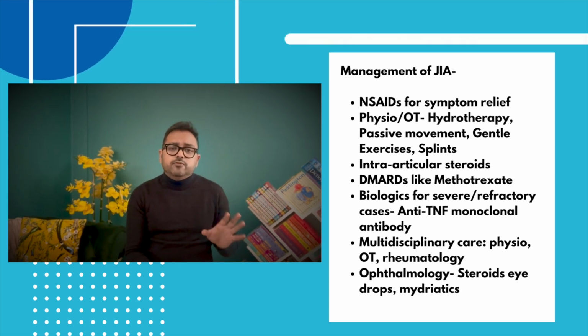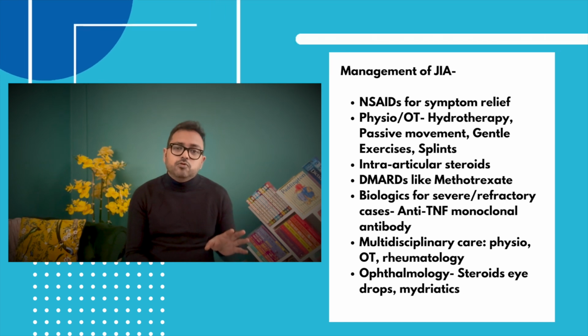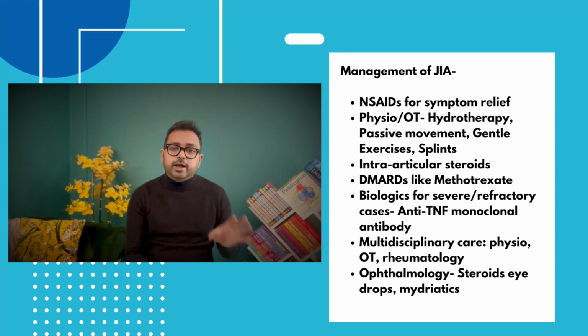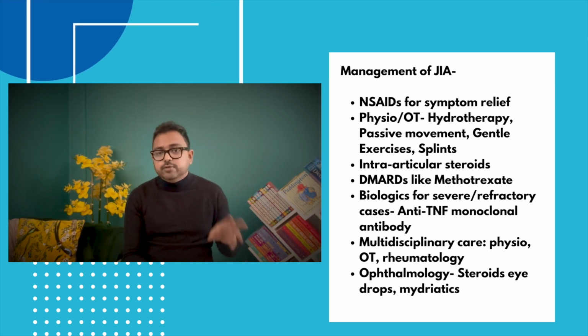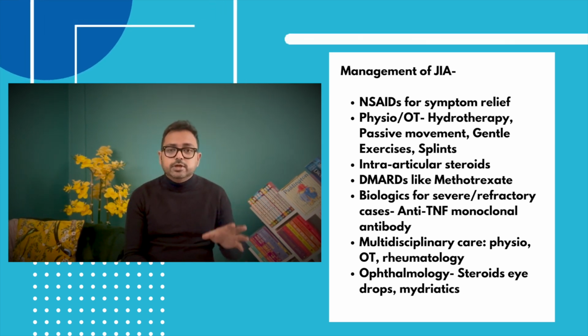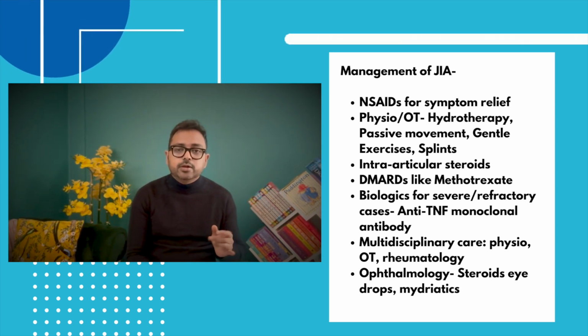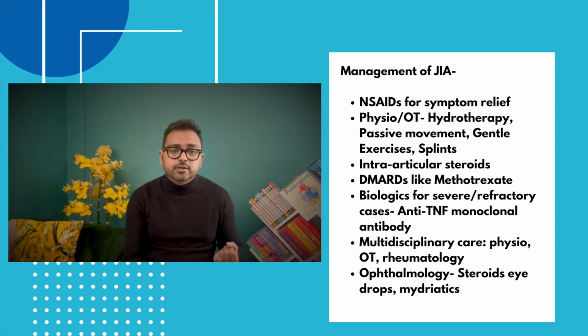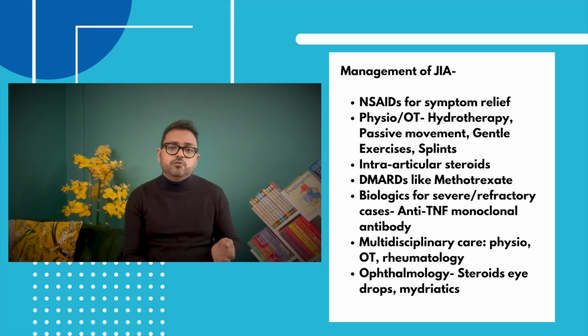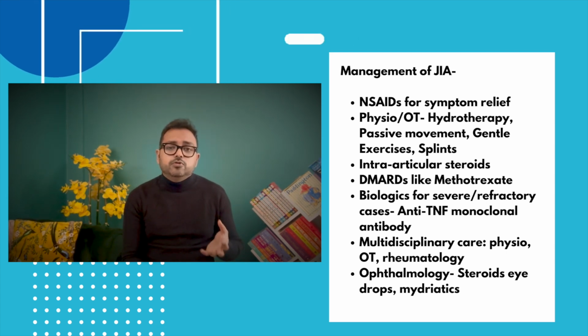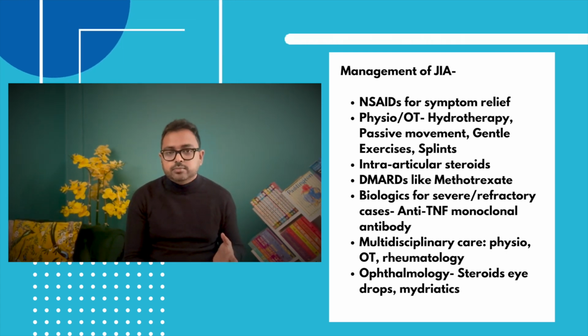But you have to support the joint, so physiotherapy should be ideal. How can we support by doing physiotherapy? We have to give support to the joint by giving a splint. We can consider gentle exercise and passive movement, and you need to support the joint very well.